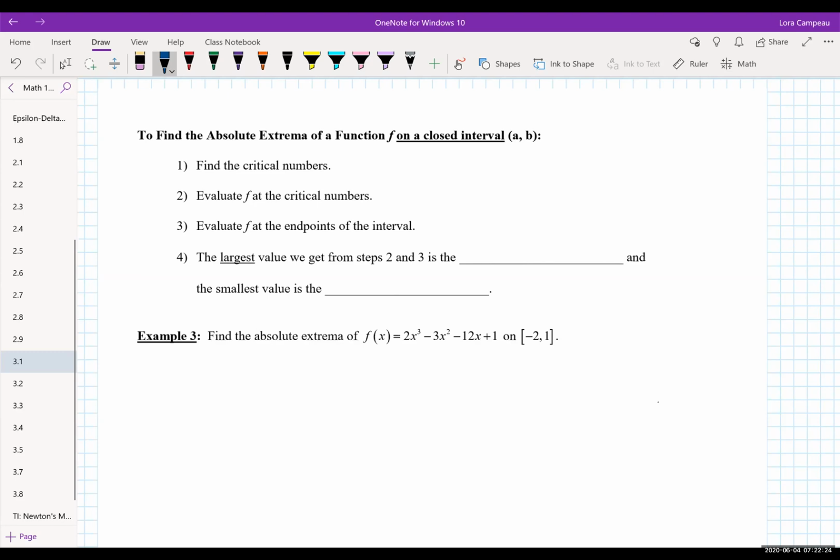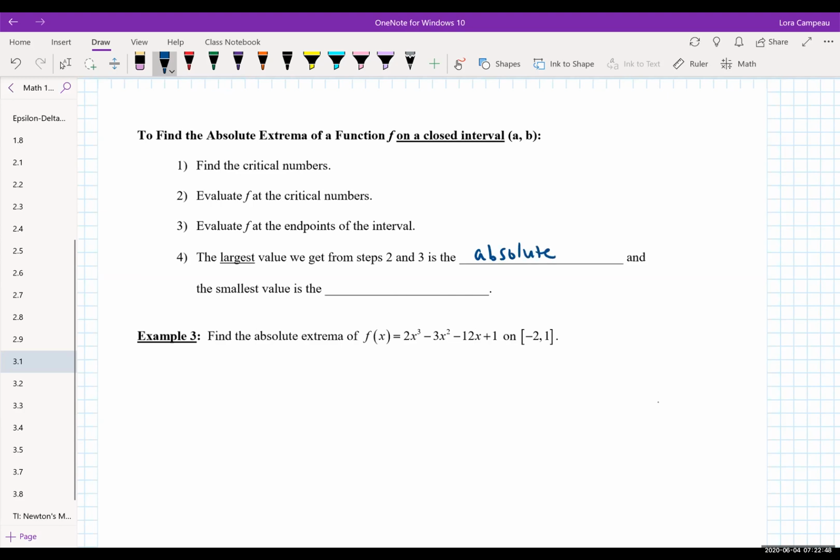And the last thing before we make our conclusions is you're basically going to find the y values of the endpoints of the interval. And when you do that, compare all of the y values, and the largest value we get from step 2 and step 3 is the absolute max.